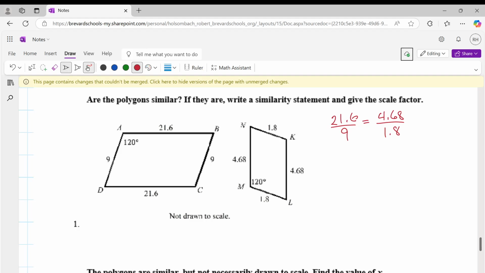So 9 times 4.68 is 42.12, and 21.6 times 1.8 is 38.88.